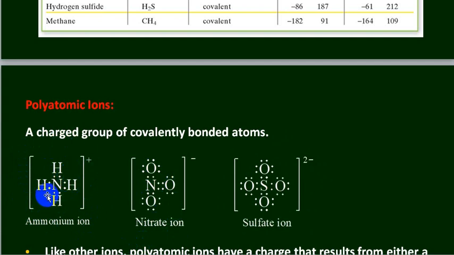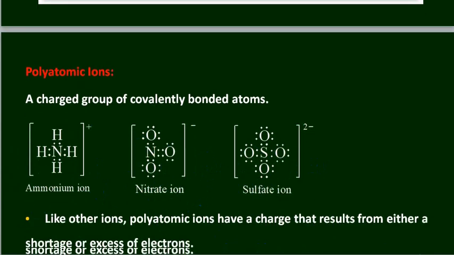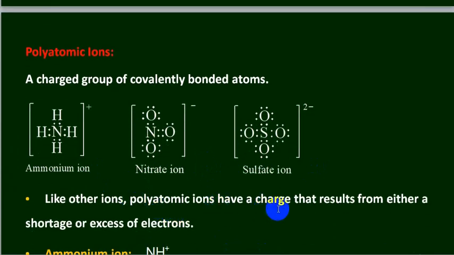Sulfate, SO4, has a negative charge of -2. Nitrate is -1, and ammonium is +1. So like other ions, polyatomic ions have a charge that results from either a shortage or an excess of electrons. Here, electrons are lost, a shortage of electrons. Here, electrons are gained. Here, 2 electrons are gained. So here -2, here -1.